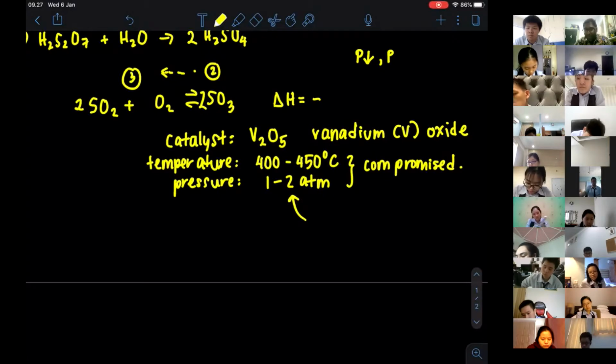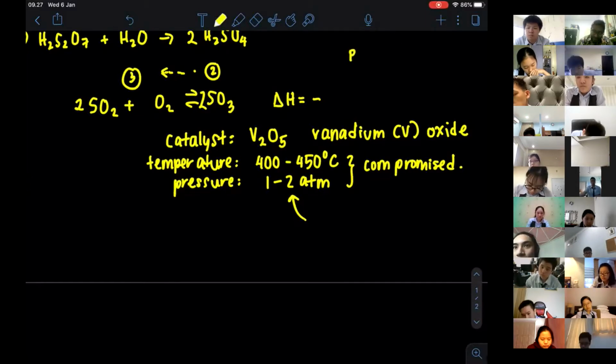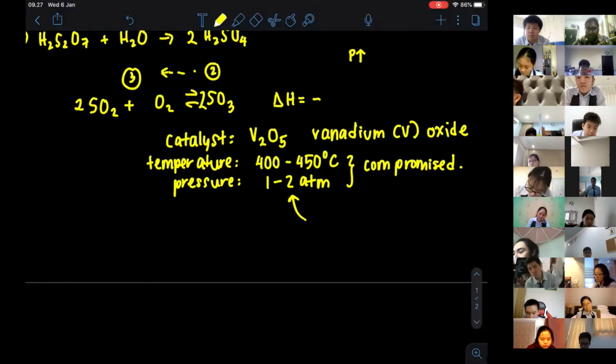If I want to explain, you can explain that in order to have more yield, you need to use high pressure. If you use high pressure, the pressure will be lowered, so it's going to move towards the right.